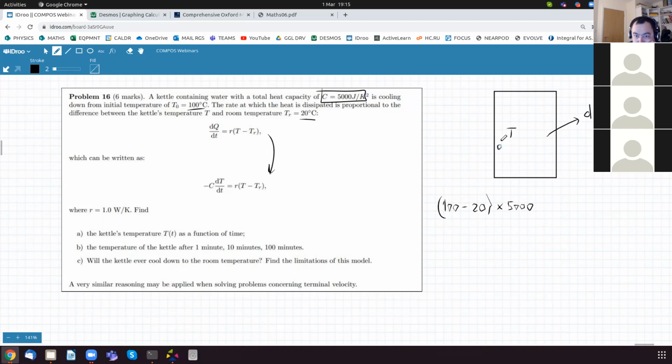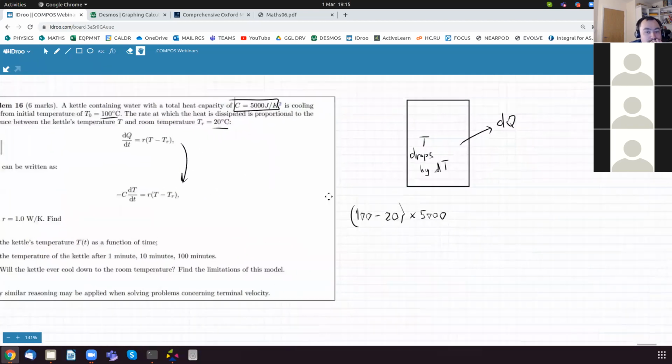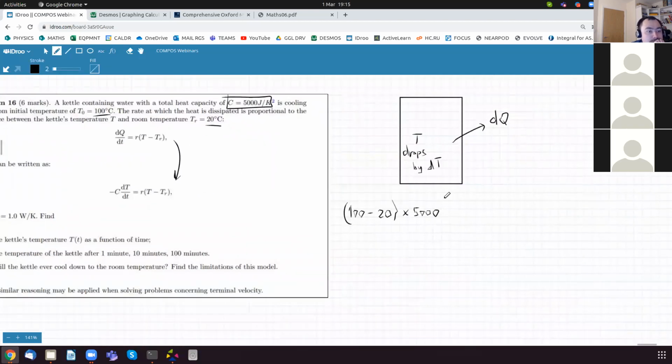The temperature drops by dT. Well, we know the formula for the heat capacity.